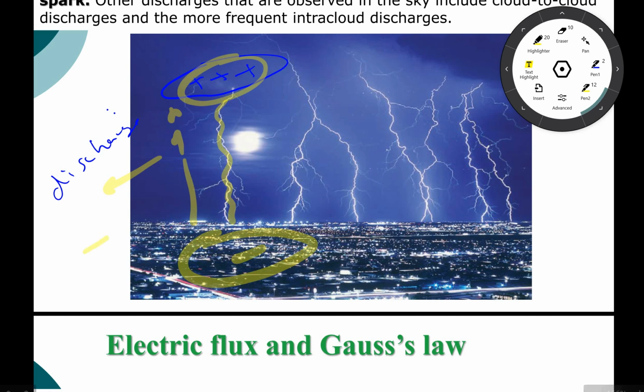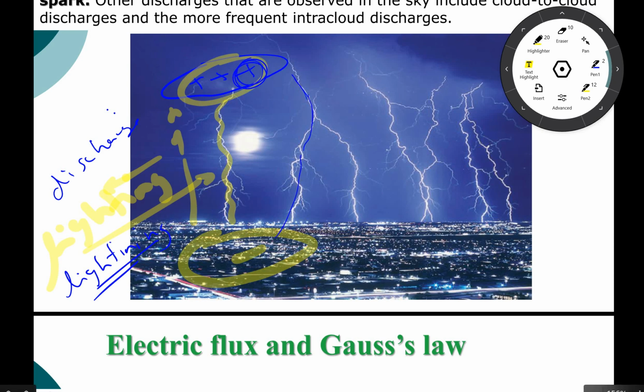So this is lightning. So always the field lines start from the positive charge to the negative charge.